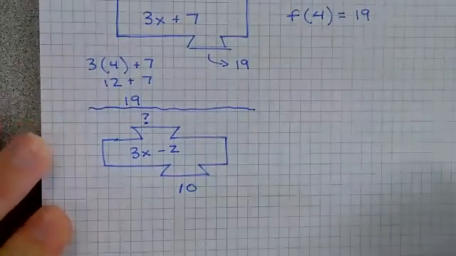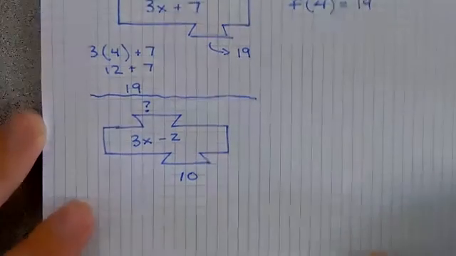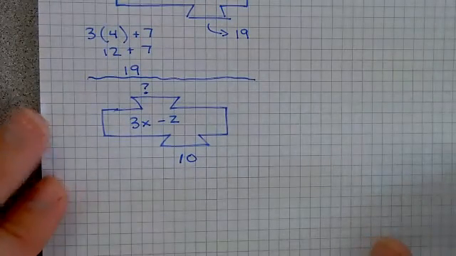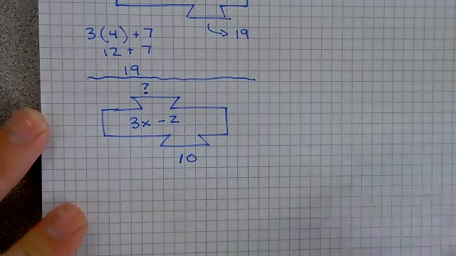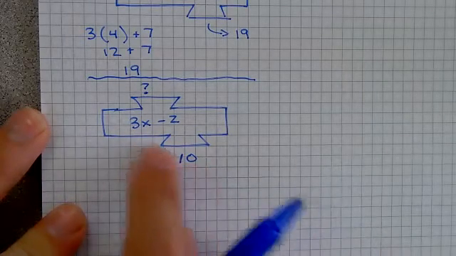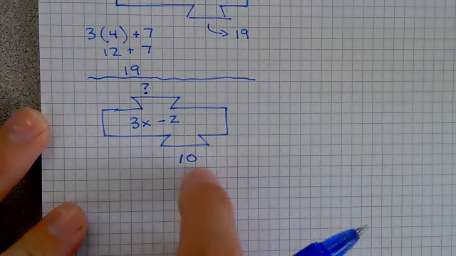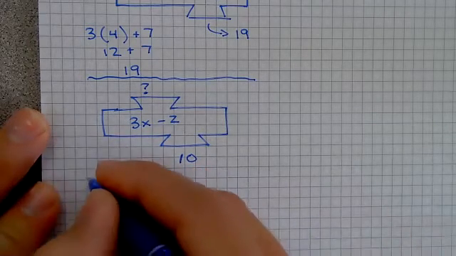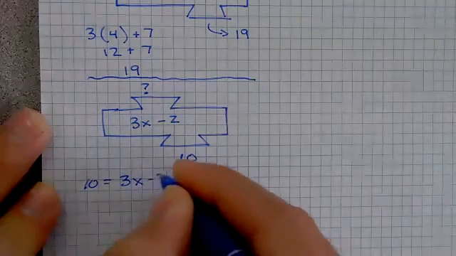All right, you can also be given the output as opposed to the input. So we have 3x minus 2 equals 10, trying to figure out what's going to give us that output of 10. So we get 10 equals 3x minus 2.